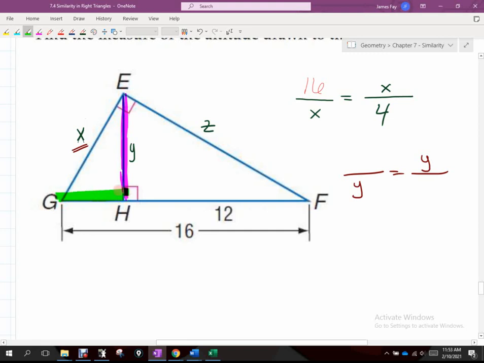So that interior altitude should be the geometric mean between that green segment and that segment. But the corollary says that the altitude that is drawn from the right angle to the hypotenuse is the geometric mean between the 2 portions of the hypotenuse that altitude generates when it intersects right there at H. So we'll put 4 here and 12 there. Can you flip-flop those? Yeah. Okay, so it doesn't matter which one's 12 and which one's 4.